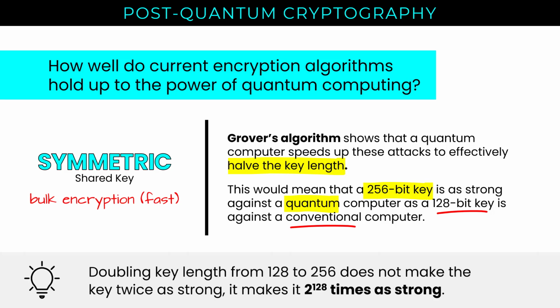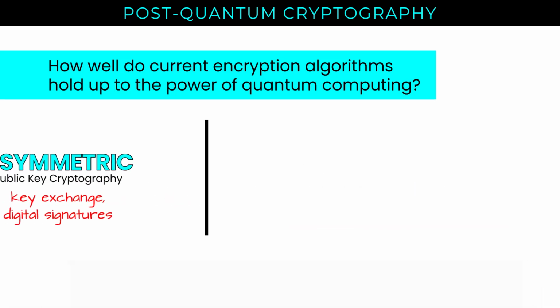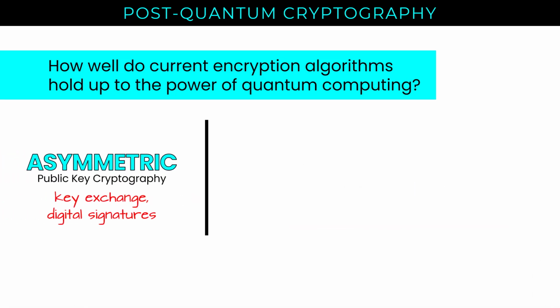So doubling the key length from 128 to 256 does not make the key twice as strong. It makes it 2 to the 128th times as strong. So doubling the key length gives us a lot of extra bits, creating many more combinations to protect against brute force. So doubling the key length makes symmetric at 256 bits safe in the quantum scenario.